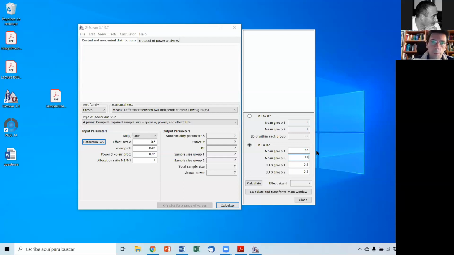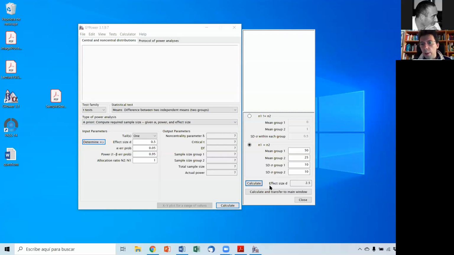But if it does, with this number of animals, I will be able to see it with this confidence and this power. And then you have to give the variability. Let's say that the variability is 10 in both groups. Probably in reality, the group with a smaller mean will also have a smaller variability, but just for the sake of calculation, let's keep it the same. If you have a better estimate, let's say you know that here the variability will be 6, then you put 6 there. But let's keep it the same.